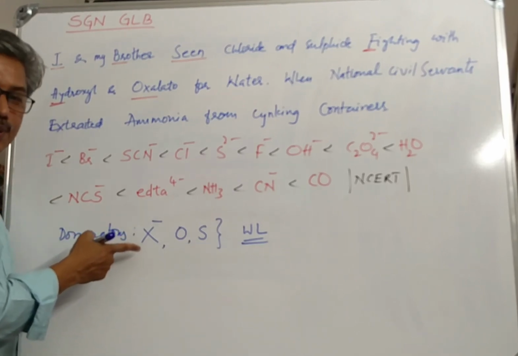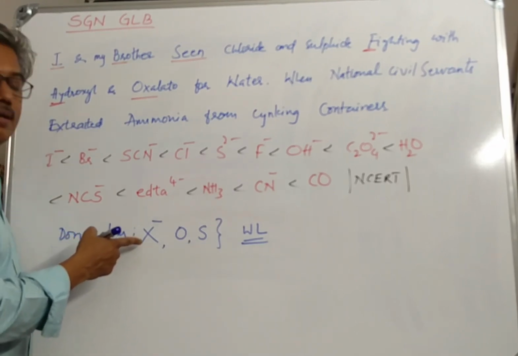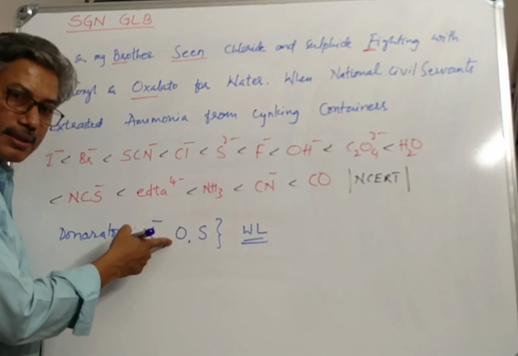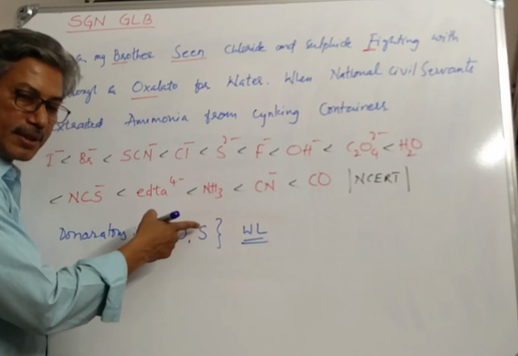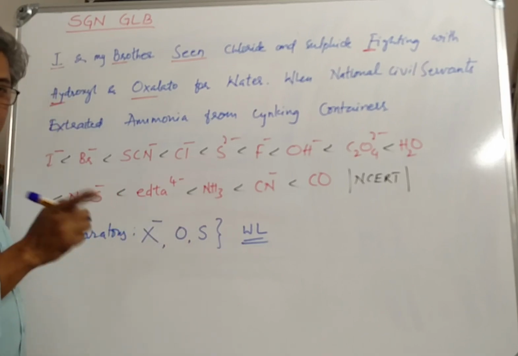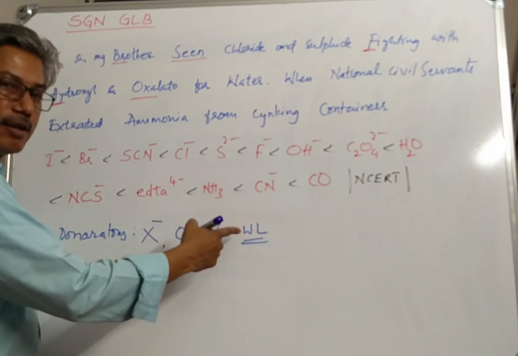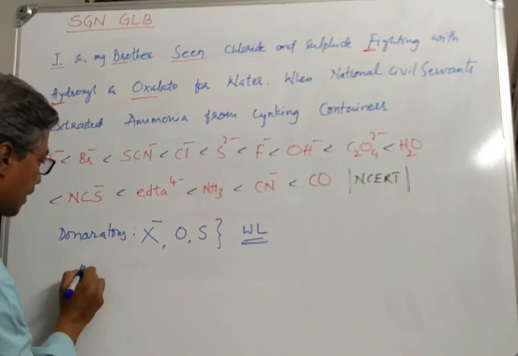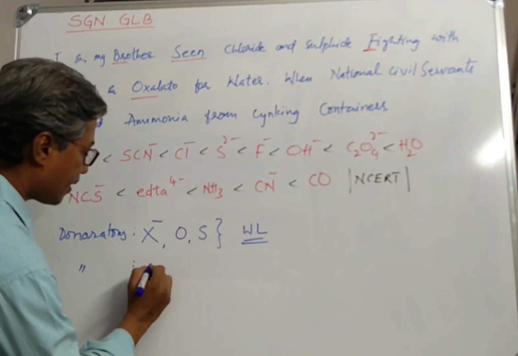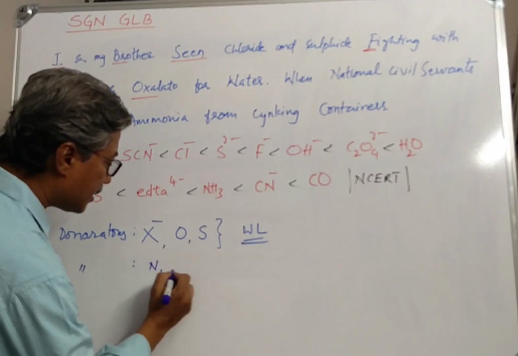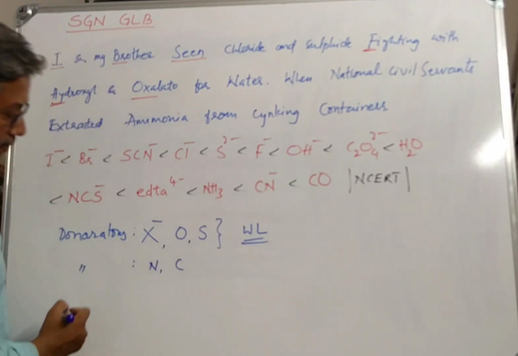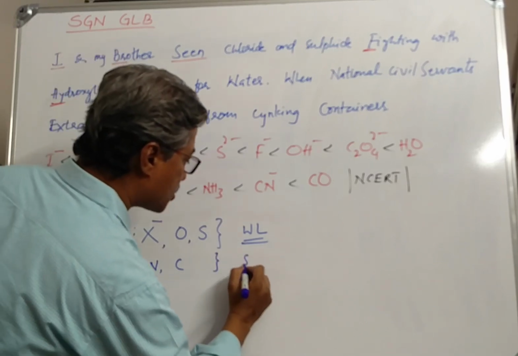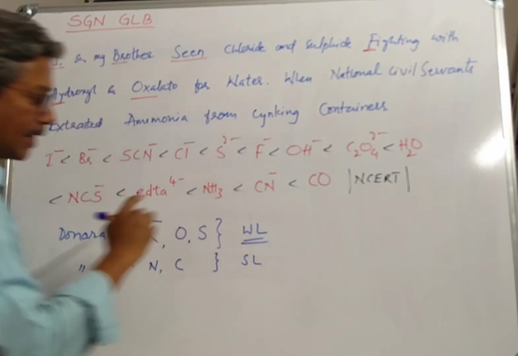Remember, if the donor atom is a halide, any of the halides, or oxygen or sulfur, then that ligand is known as a weak ligand. And if the donor atoms are either nitrogen or carbon, then such ligands are called strong field ligands or strong ligands.